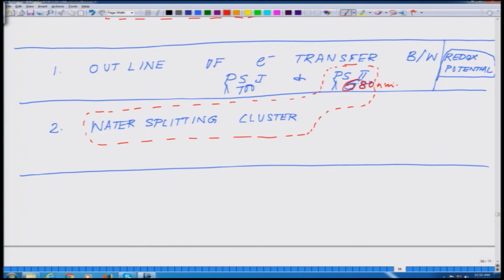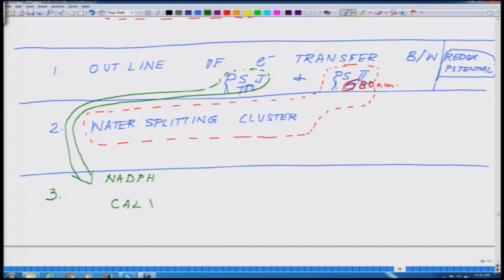Okay. Then we will talk about the third, which is this part, and how this one is governing the Calvin cycle.